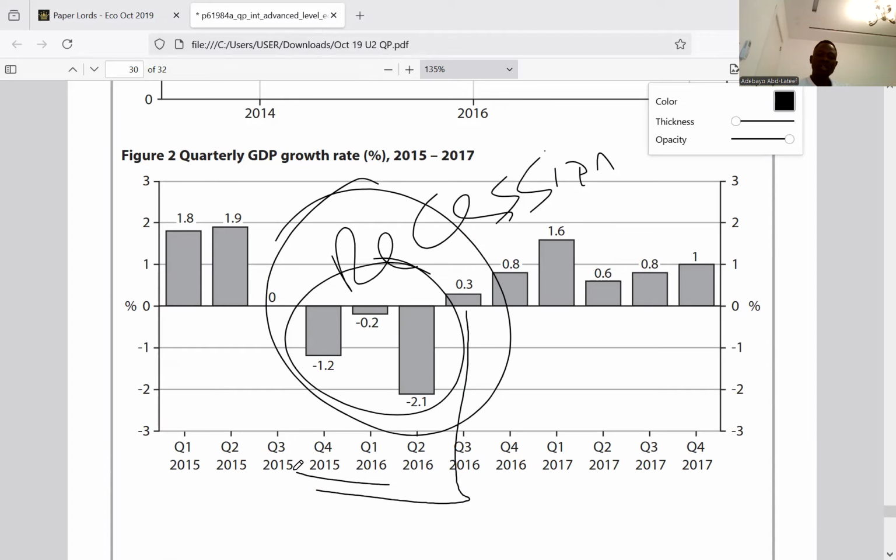That's recession. When we talk about recession, it means a fall or an economic decline for 2 consecutive quarters.